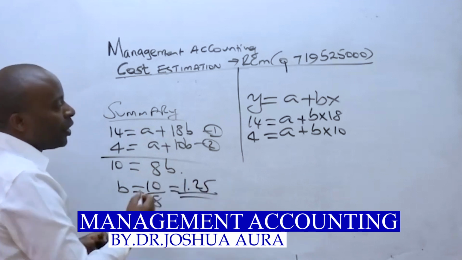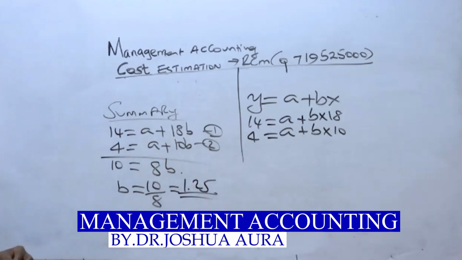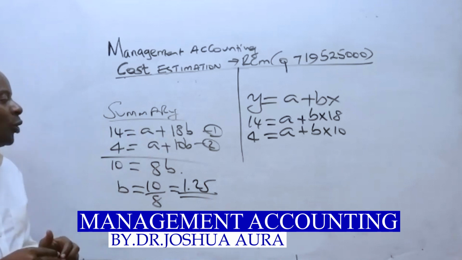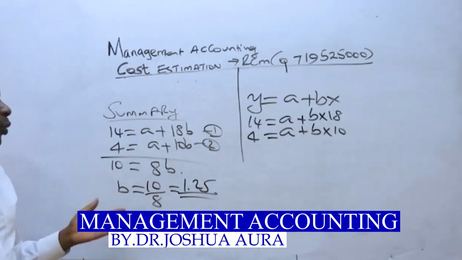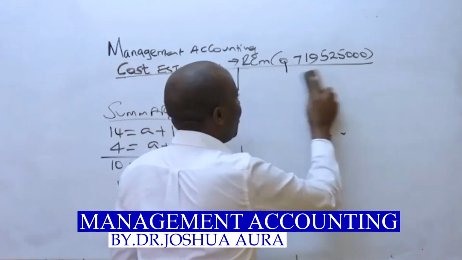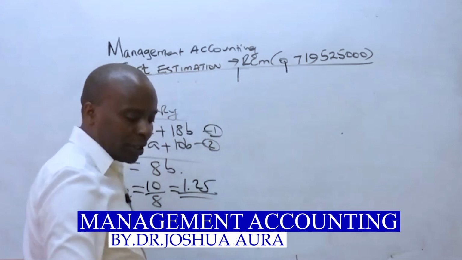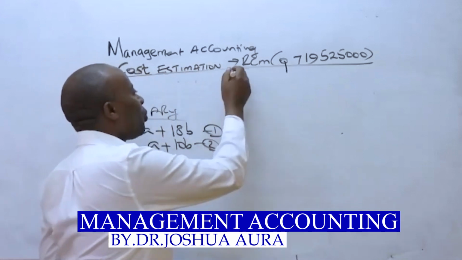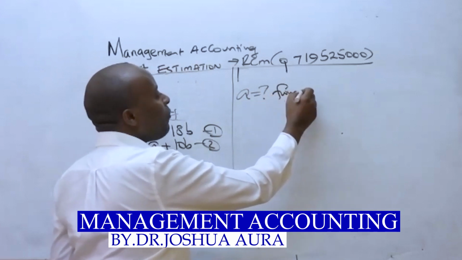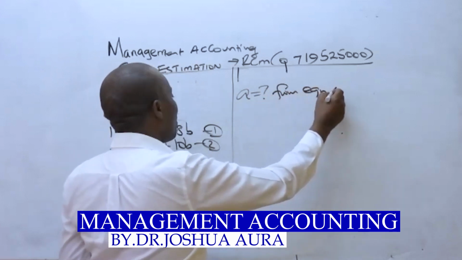Thank you very much. Ladies and gentlemen, the moment I have the value of B, the next step will be to look for the value of A. So to get the value of A, we need to ask ourselves, what will be the value of A from equation number 1?